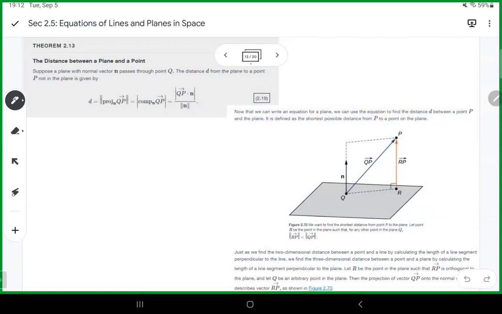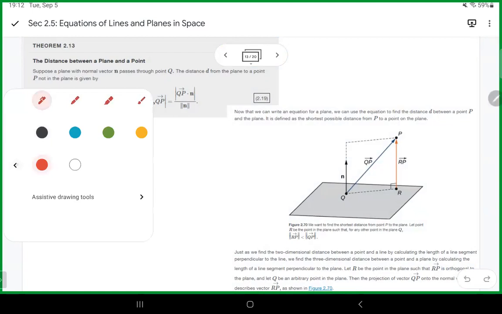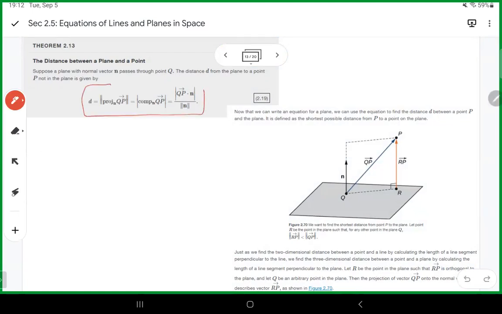Nearly done. All right. So this is what you care about on this page. The distance between a plane and a point. All right. You need to find the magnitude of the projection of QP onto N, which is going to be equal to the absolute value of, what does that one mean?